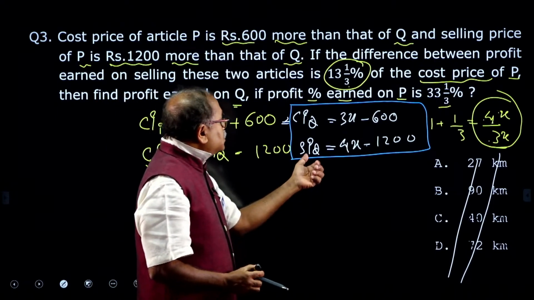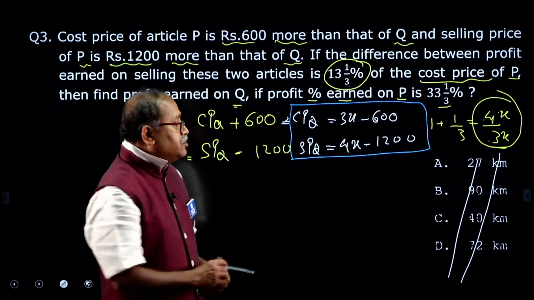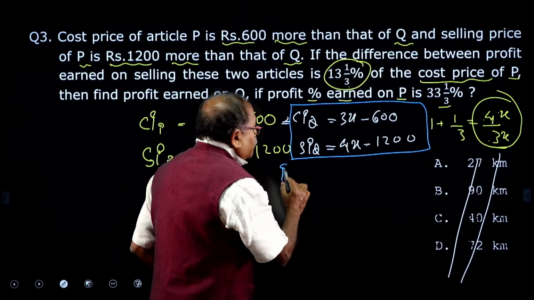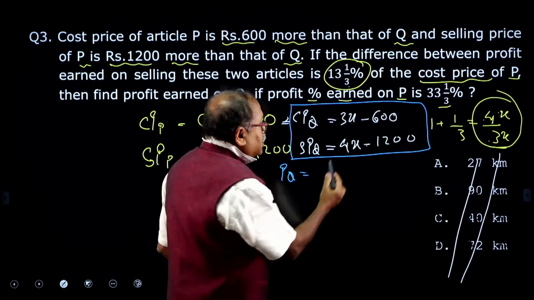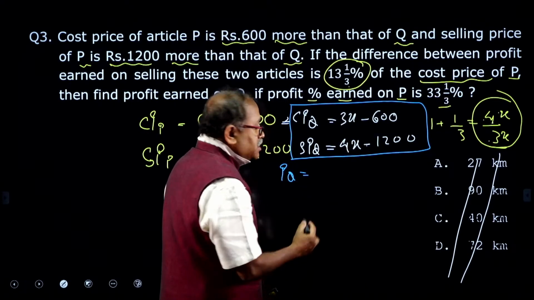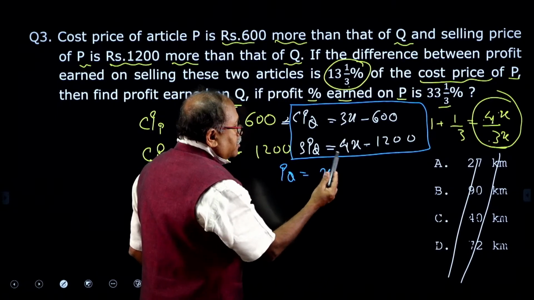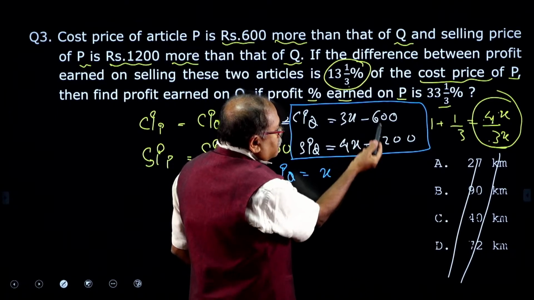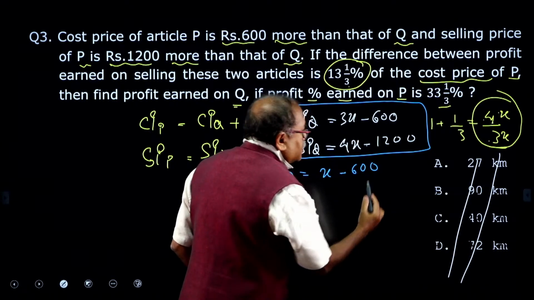Now, this is the selling price and this is the cost price. I will be getting the profit. How do I get the profit over here? The profit of Q is equal to selling price minus cost price, that is 4x minus 3x is equal to x, and finally, that is minus 600. This is the profit.